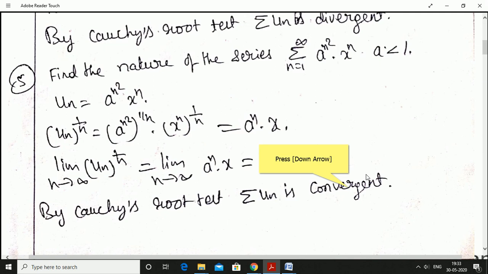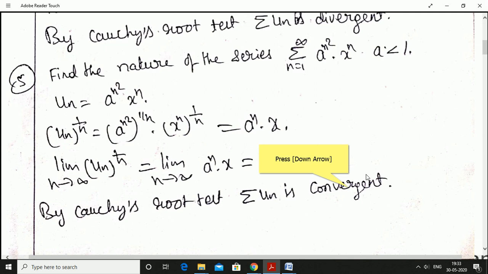Limit as n tends to infinity un to the power of 1 by n is limit of a power n into x. As n tends to infinity, since a is less than 1, it is point something to the power of infinity, which is almost equal to 0.